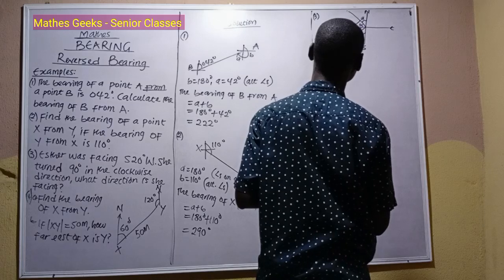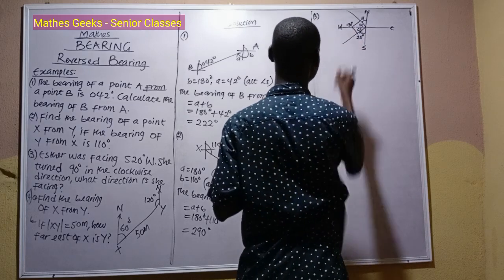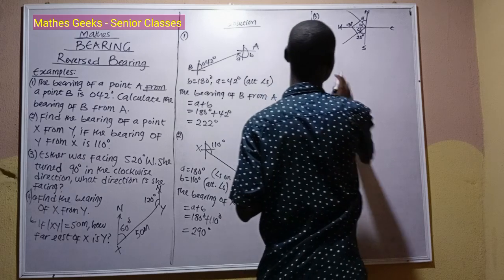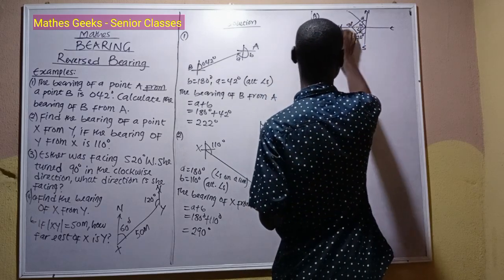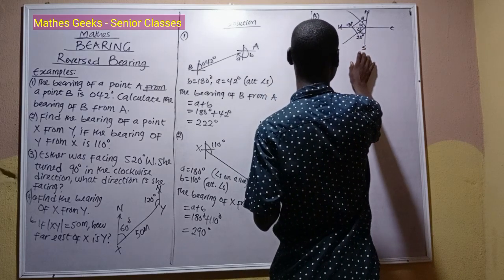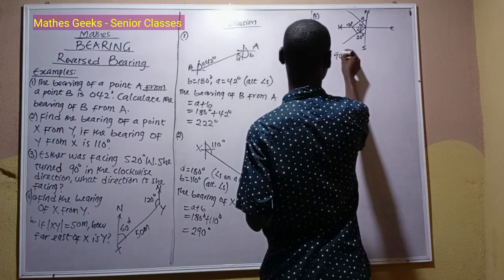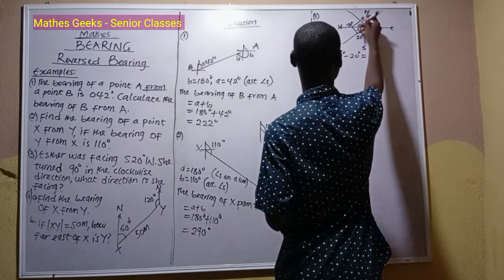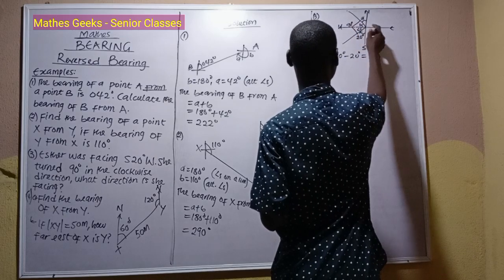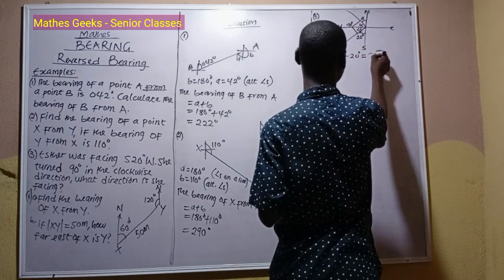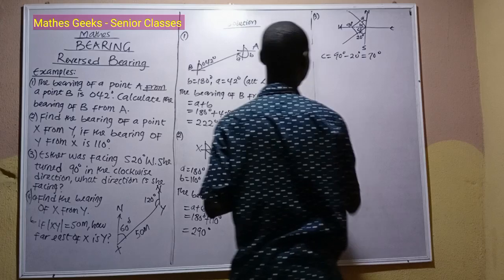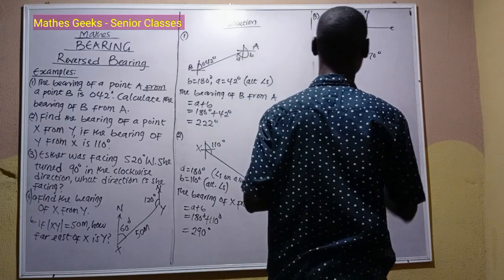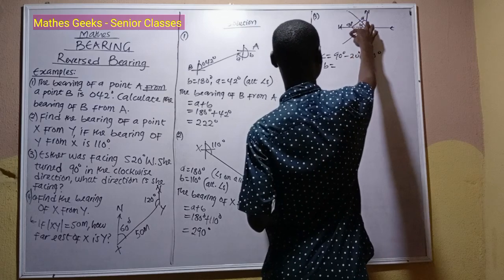C is equal to, from W to S is 90 degrees, so that's 90 degrees minus 20 degrees. So this remaining angle from here to this line would be 90 degrees minus 20 degrees, which is equal to 70 degrees.